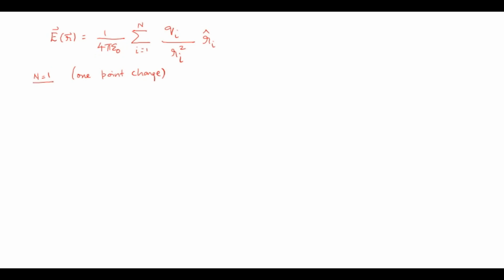then the electric field at any point. So I have a charge q and I measure the electric field at this point P. Now this is the distance, let us call it r, then the unit vector is r hat, then the electric field at this point P is defined as 1 over 4 pi epsilon 0, q by r square, r hat.